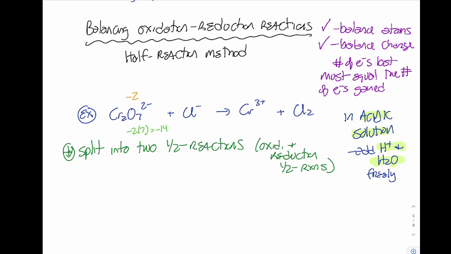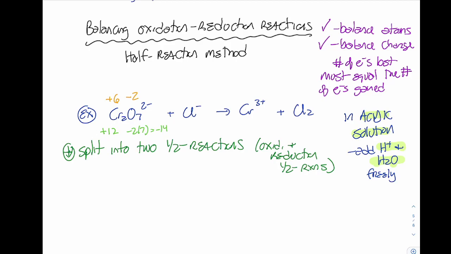So I know that chromium has to be a +12 total, right? There's 2 of them, and I know that when I add the 2 together, it has to be a +12, right? Because a +12 and a -14 is a -2. Since I have 2 chromium, +12 divided by 2 is a +6.